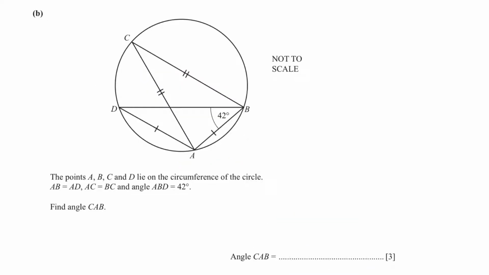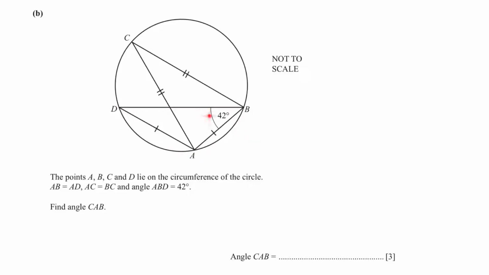In part B, we have been given a circle and points A, B, C, D lie on the circumference of the circle. AB is equal to AD and AC is equal to BC. And angle APT is equal to 42. As these two sides are equal, it means that triangle DAB is an isosceles triangle.